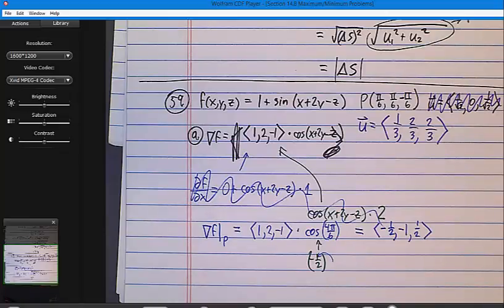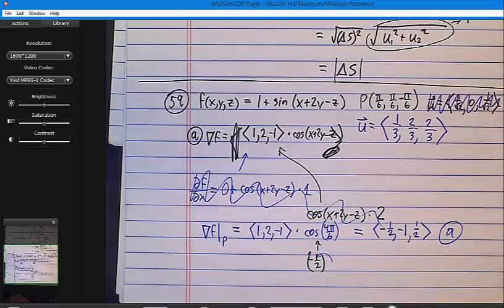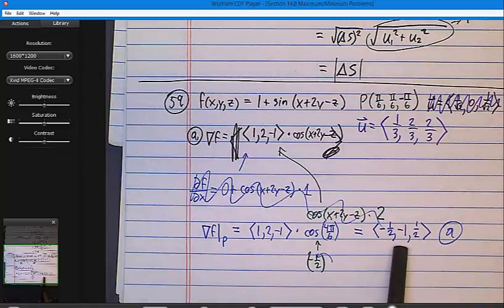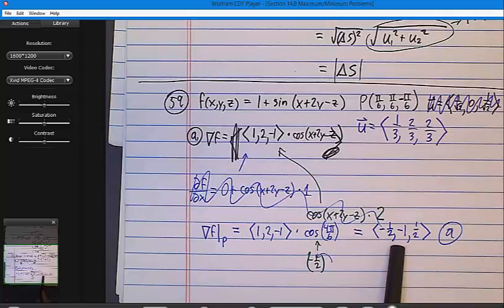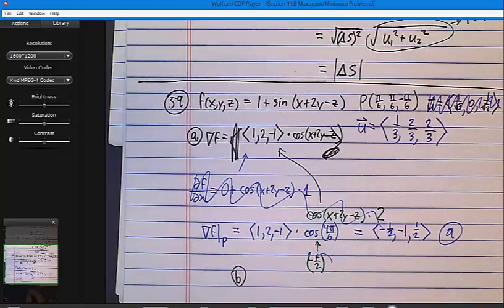So that's part A. Part B. Find the unit vector in the direction of maximum increase of f at P. So this is now understanding what the gradient tells me, right? We want the direction of maximum increase. And we know that that's the gradient direction. Okay, there was the theorem. So part B says, basically, take that thing and make it into a unit vector.